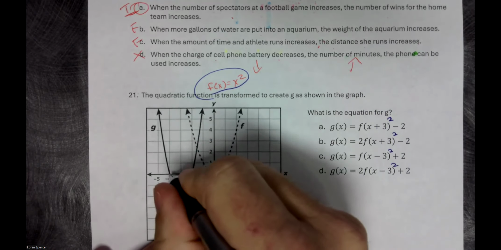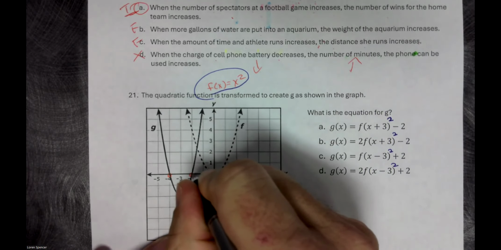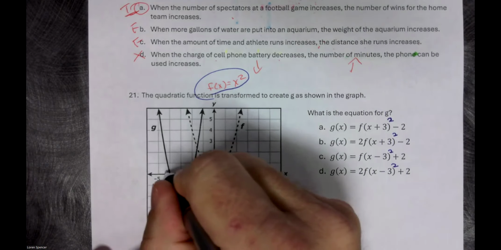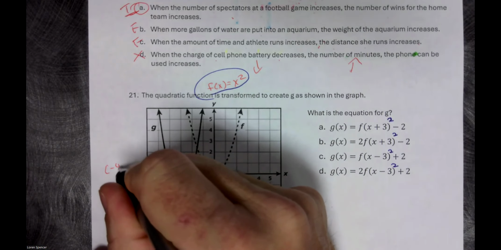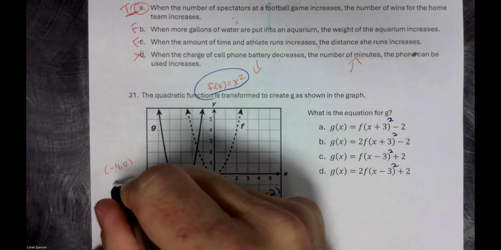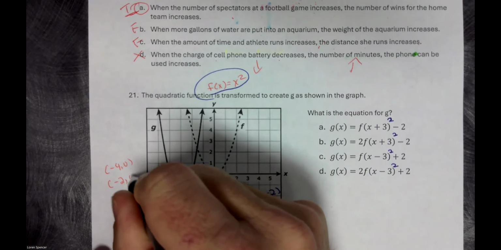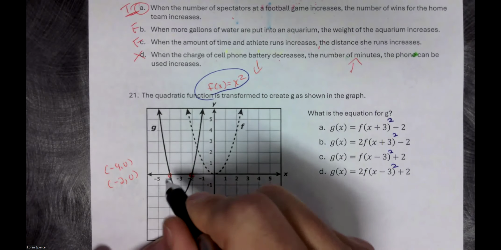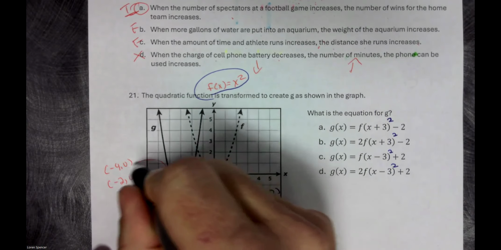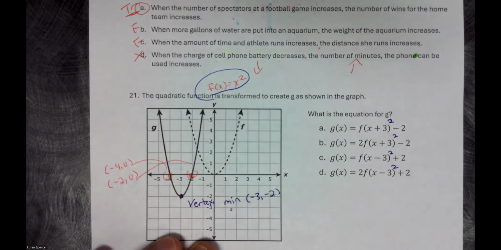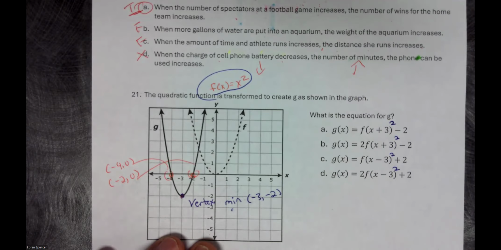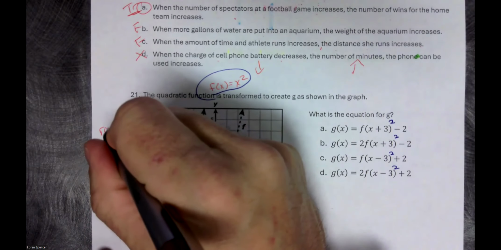And then I happen to have two solutions. My two solutions are at -4, 0 and at -2, 0. These are my roots, my zeros, my x-intercepts.